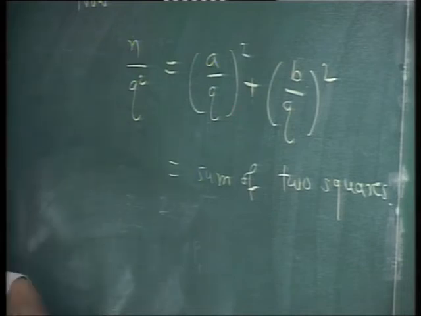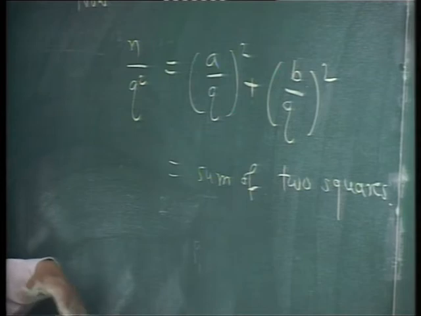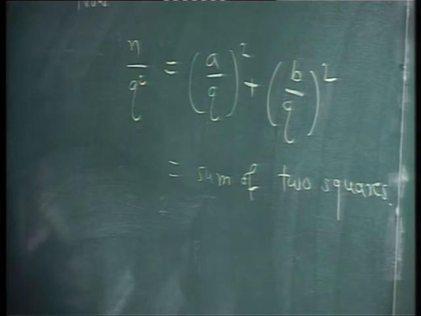Then you divide it by q square and go ahead. If that is divisible by q, it should be divisible by q square. This is because q is a prime of the form 4k plus 3.